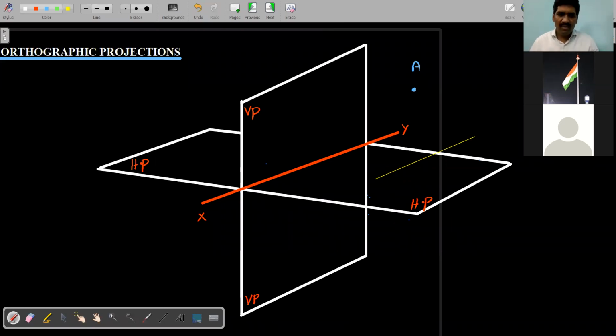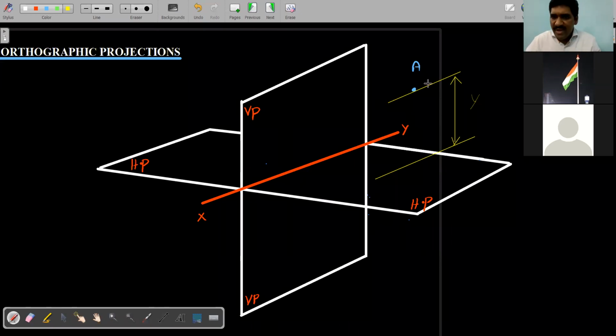Right. Now just see here, all of you. So I'm having a point here. The distance from this point A to the horizontal plane, this distance I am marking as some distance y.